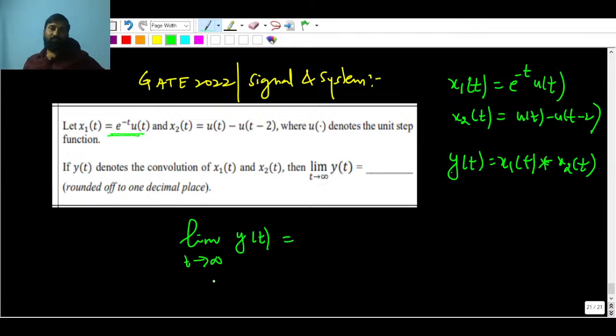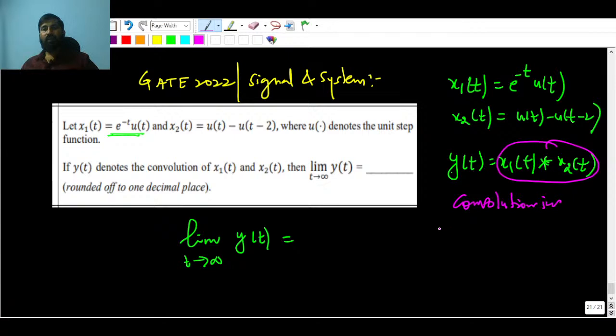If there is a convolution in the time domain, what will be the correspondence in the frequency domain? It will be multiplication.